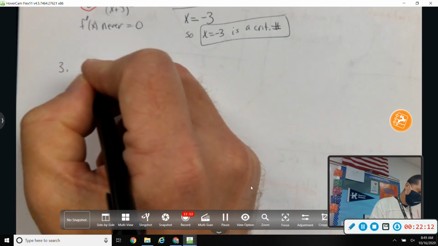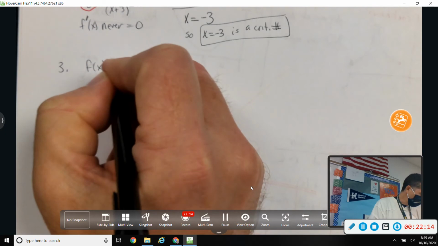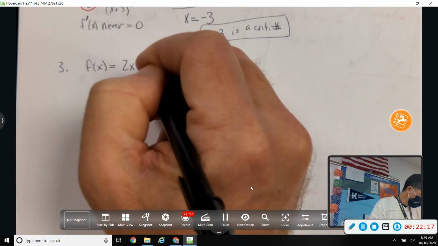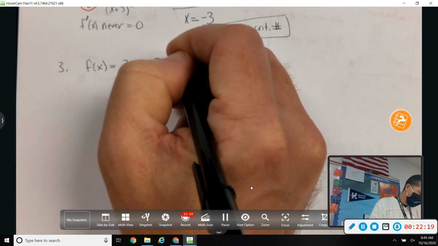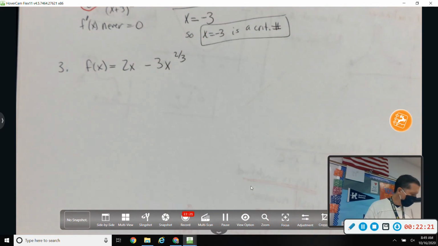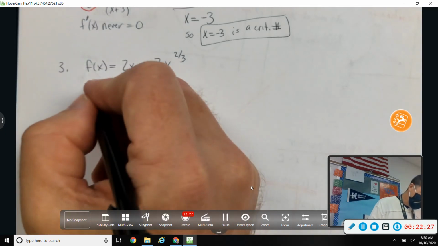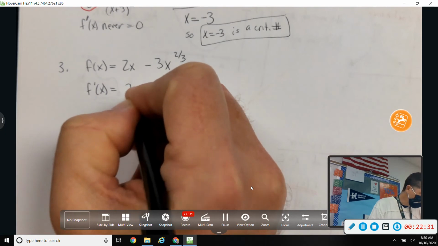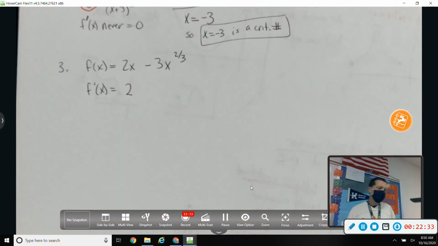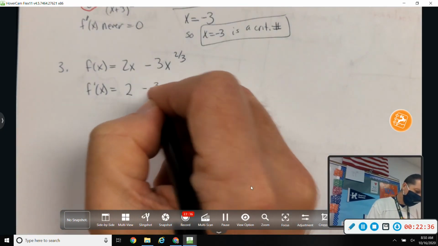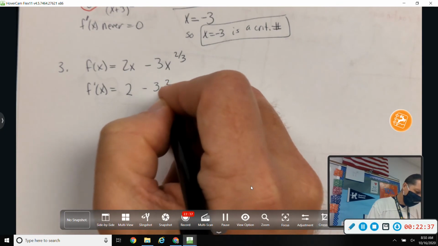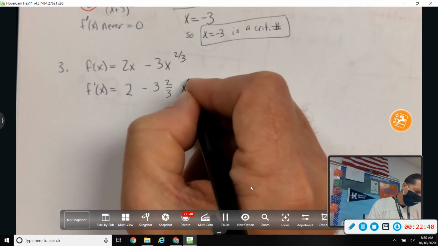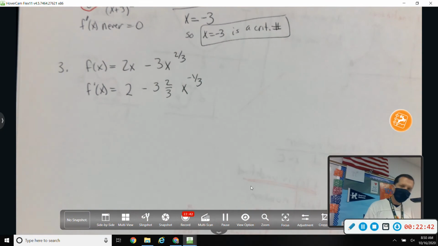Speaking of, let's do this example. f of x equals 2x minus 3x to the 2/3. So f prime of x equals 2, at least that one's easy, minus 3 times 2/3 times x to the negative 1/3.